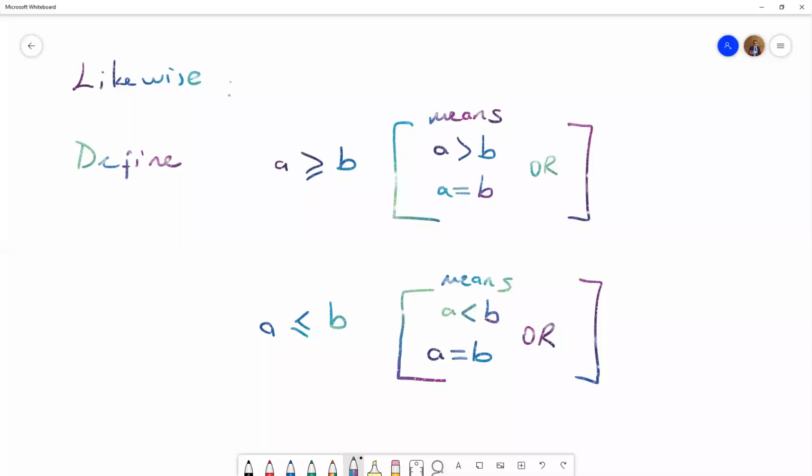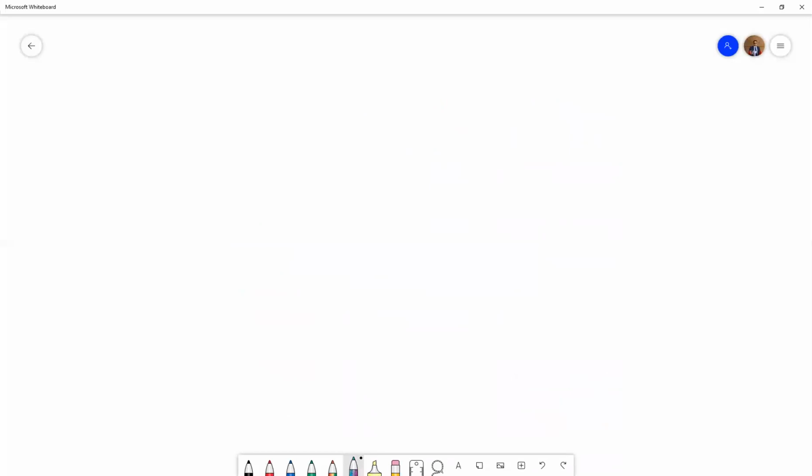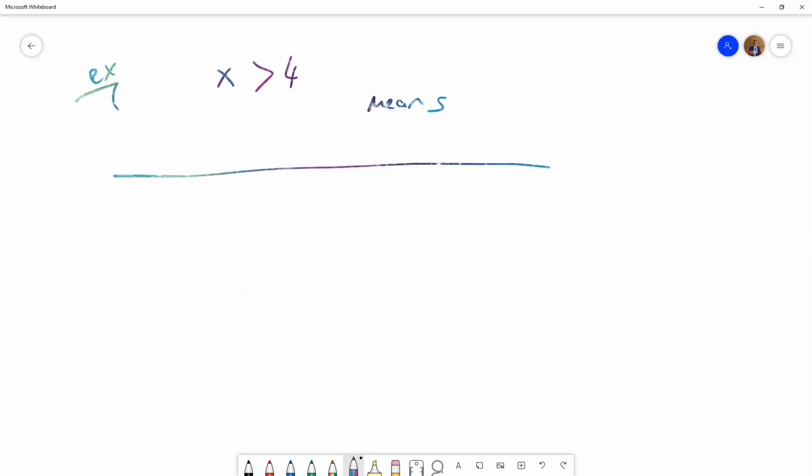Let's give an example by using these things. Let's write an example. x is bigger than 4 means we have a real line here like that. Say 0 here and say 4 here.